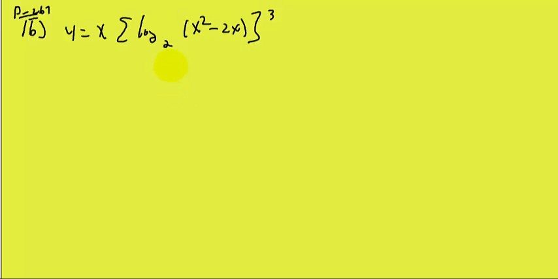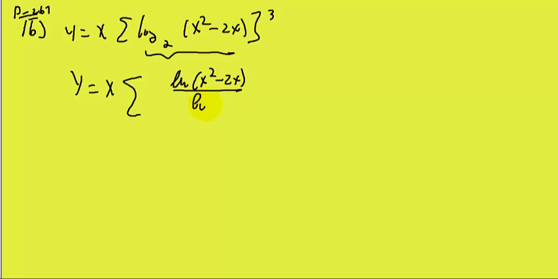Like I said, you can memorize a special formula for other bases besides ln, but you know what I would do? This part right there, I would convert that to ln. So x times, I would go ln of x squared minus 2x, all over ln of 2.